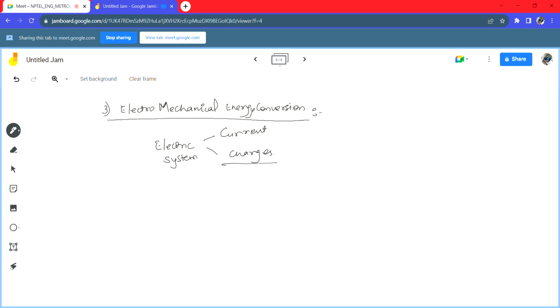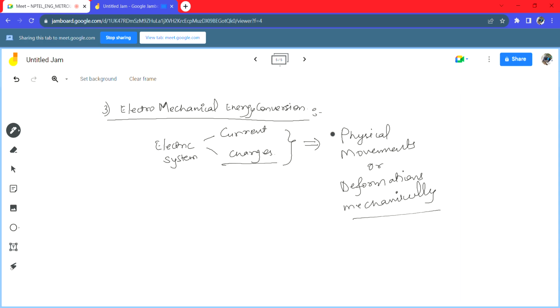So whenever we have such a system, and such a system is subjected to some sort of monitoring, it creates physical movements or deformations mechanically. And such energy conversion, if employed in designing transducers, it will be called as electromechanical energy conversion.